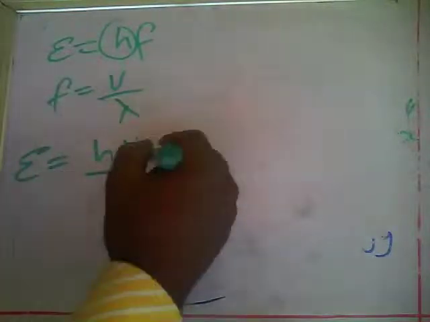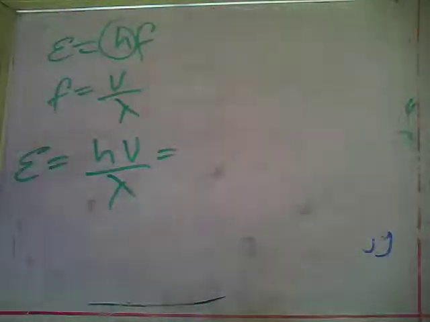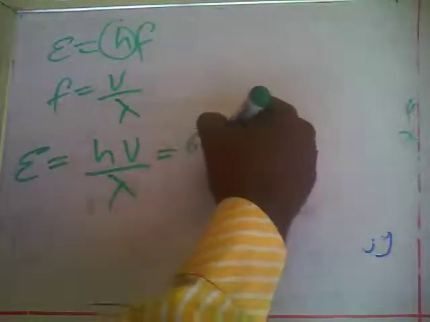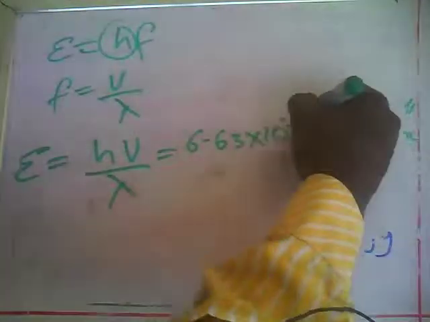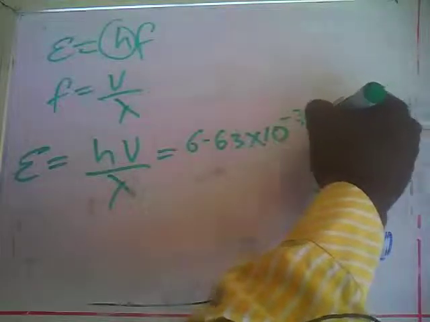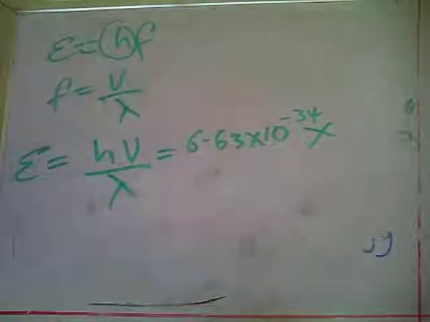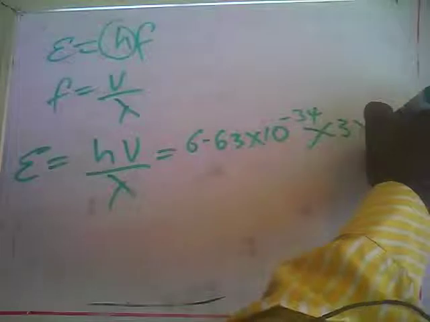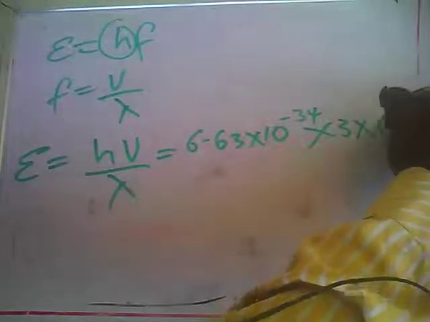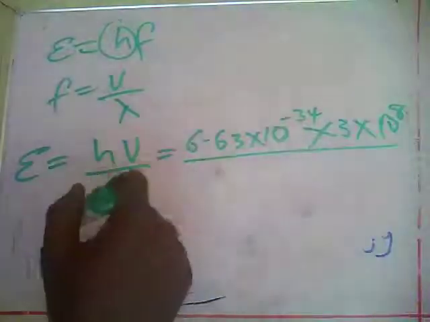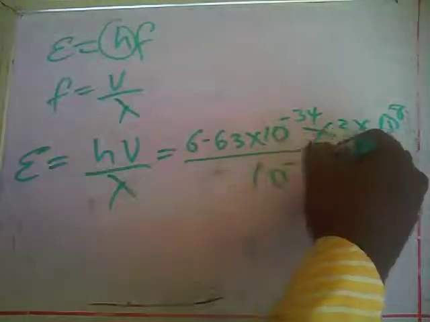Now we have been given the Planck constant as 6.63 times 10 to the power minus 34 joule second. Then the speed is 3 times 10 raised to the power 8. Then divide through by the wavelength, which is 10 to the power minus 10.